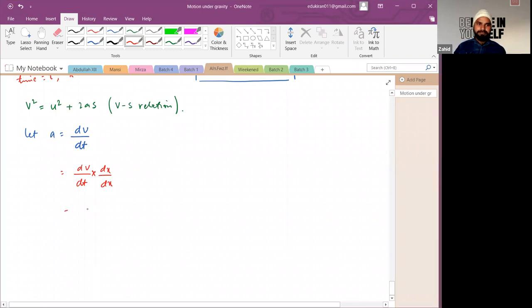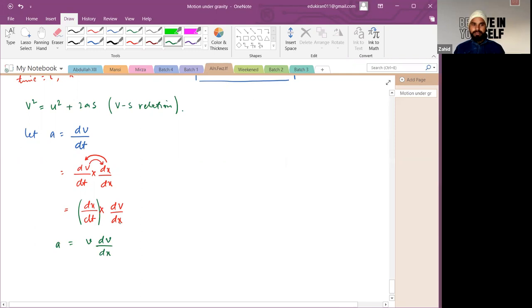So it will become dx over dt times dv over dx. I have just switched this term to this side and this term to this side. Now this whole term will become velocity times dv over dx is equals to a.